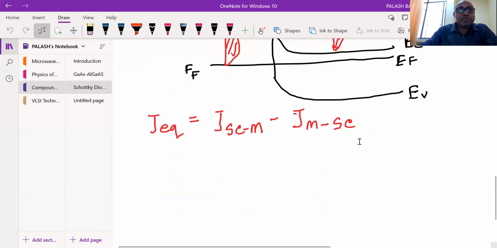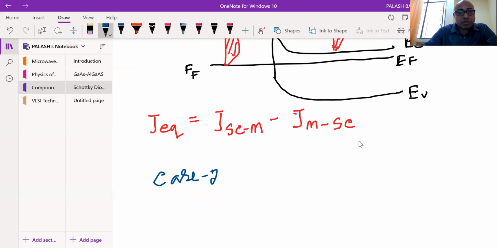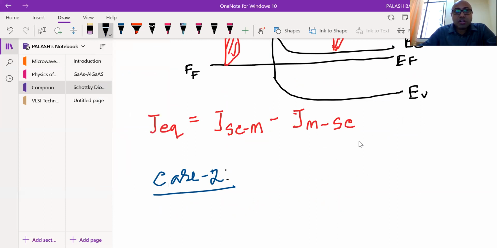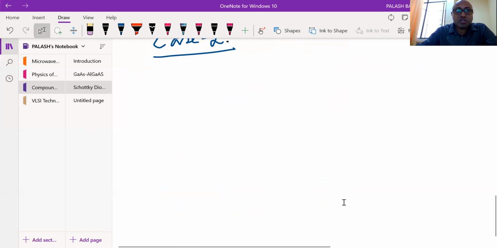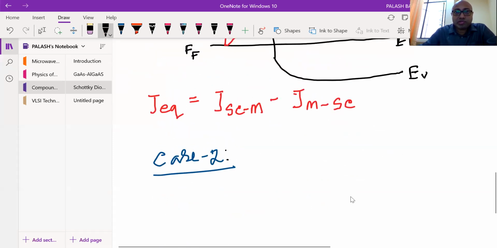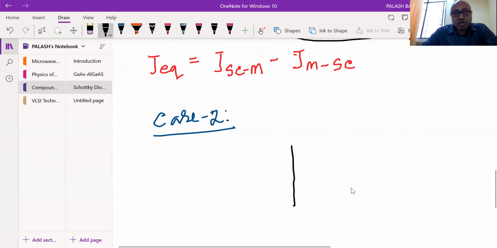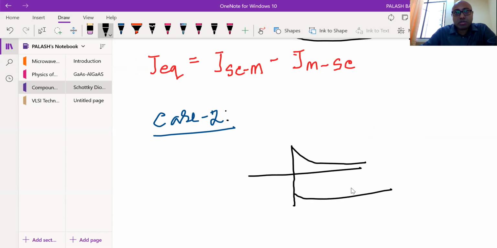Now case 2, I'm just applying some voltage over here.